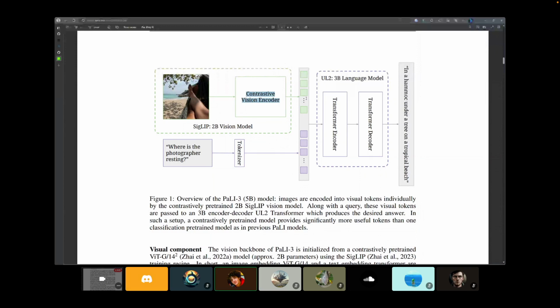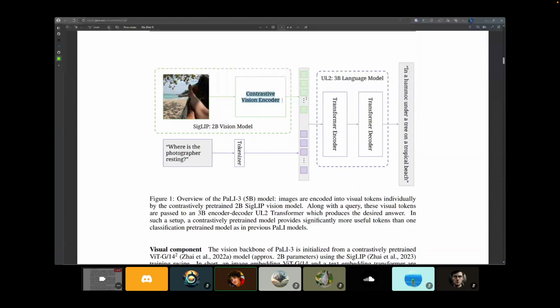Okay. So that's how the model knows that they're different tokens, but it also can see the whole picture, not just the text or just the image. It understands the differences between the two modalities, but it also understands the interconnectedness of both modalities. So that's why it says, where is the photographer resting? In a hammock under a tree on a tropical beach.